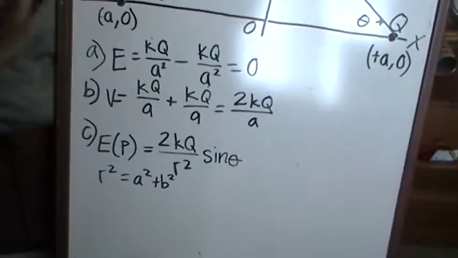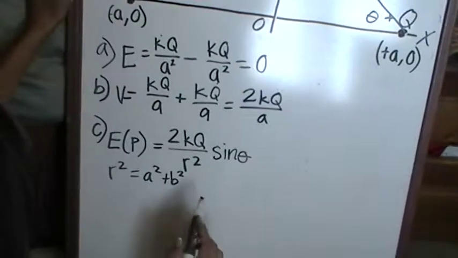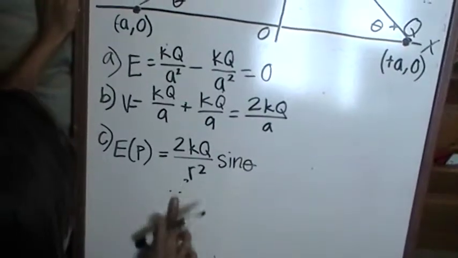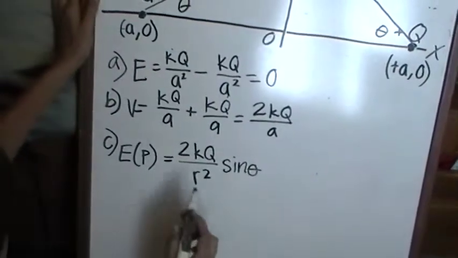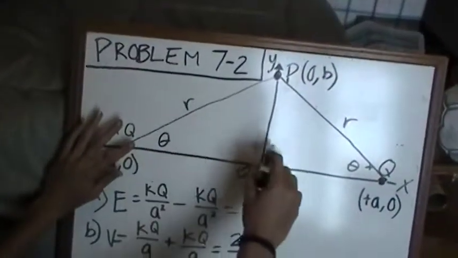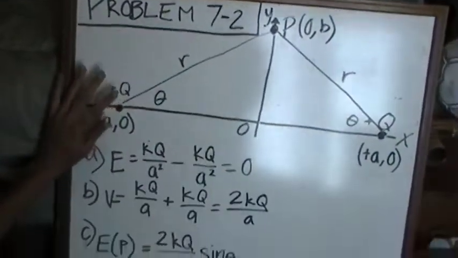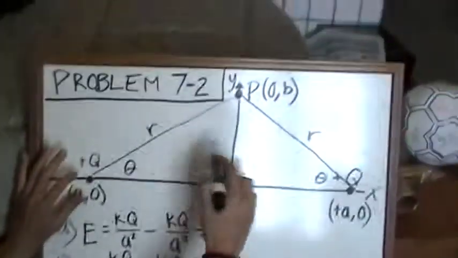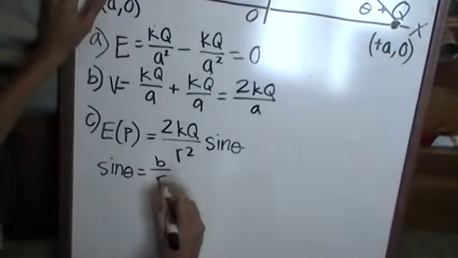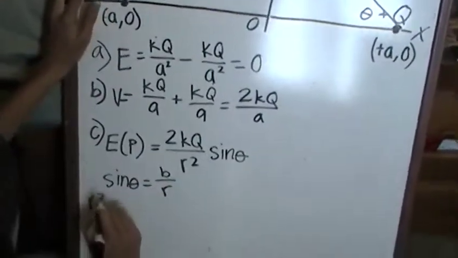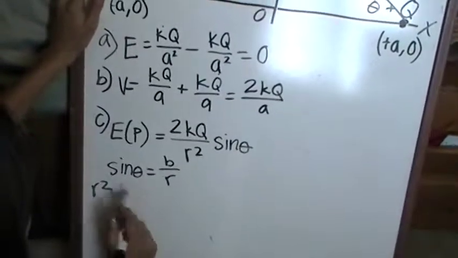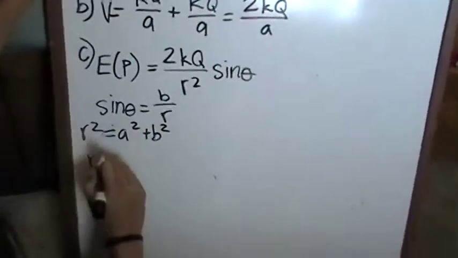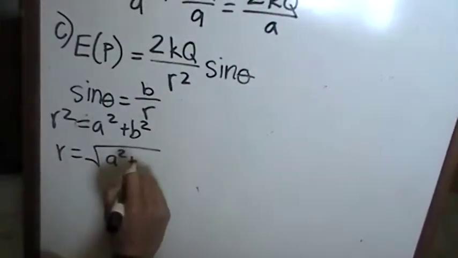Okay, so then sine theta, you have opposite over hypotenuse. So sine theta equals opposite, which is B, over R. And then to find R, R squared equals A squared plus B squared, and then R equals the square root of A squared plus B squared.